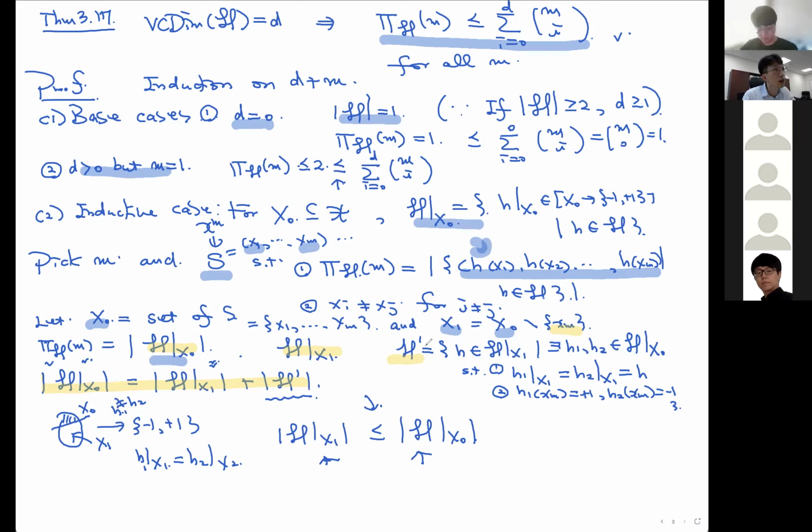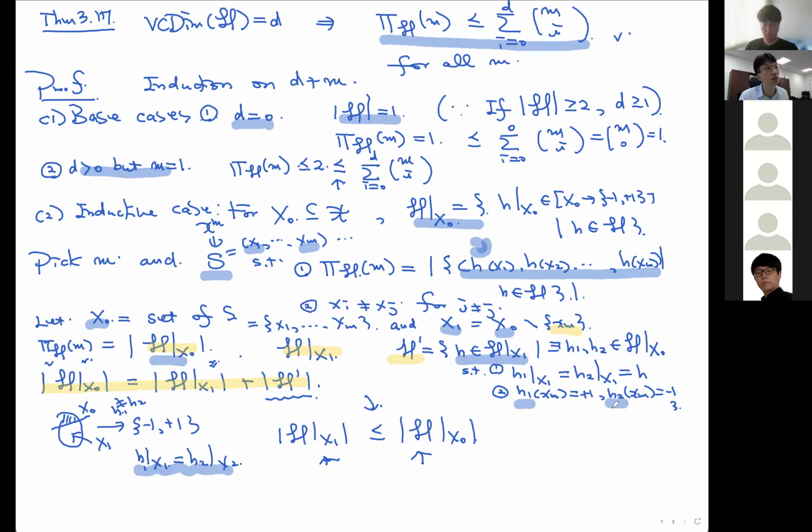And h prime is really picking out this kind of restricted function, for which we can have two different original functions like h1 and h2. So this h prime is something in h restricted to x1, but it can come from two different functions, h1 and h2.